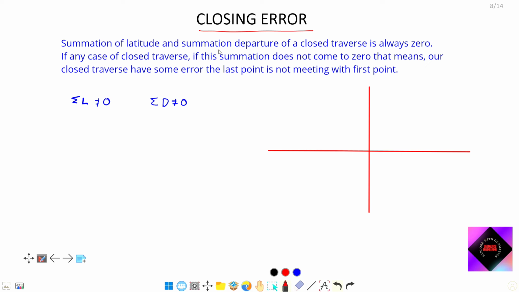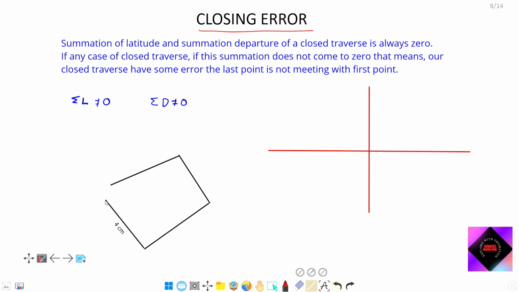So the summation of latitude and summation of departure of a closed traverse is always 0. In any case of a closed traverse, if the summation does not come to 0, that means our closed traverse has some error.